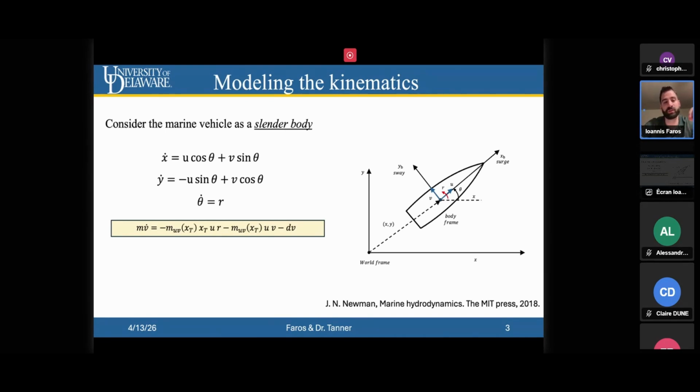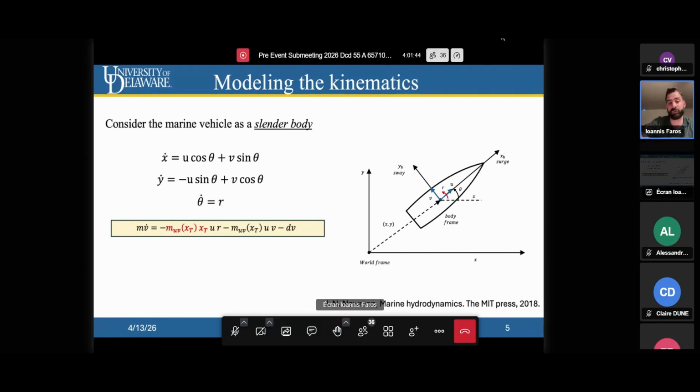This equation has the two terms that both the ship model and the hovercraft have, UR and the drag. But now, instead of gamma as a coefficient, we have this very interesting added mass coefficient, which essentially depends on xt. And xt is the coordinate of the stern, meaning the back of the ship, along the xb axis.